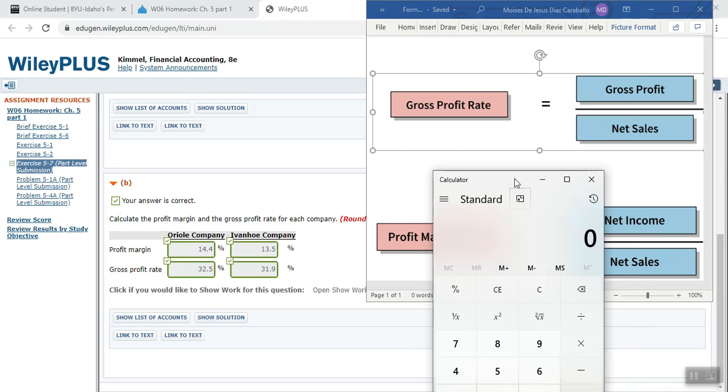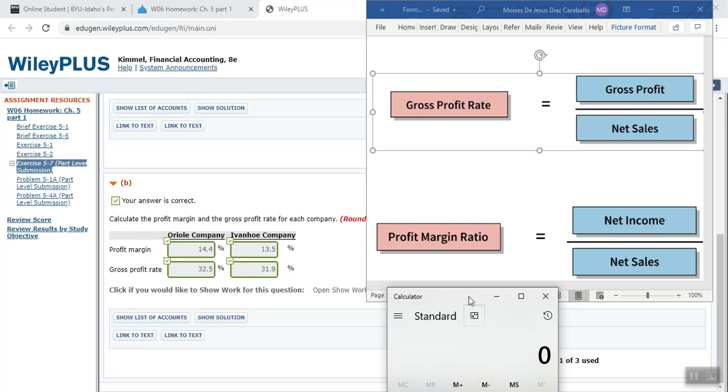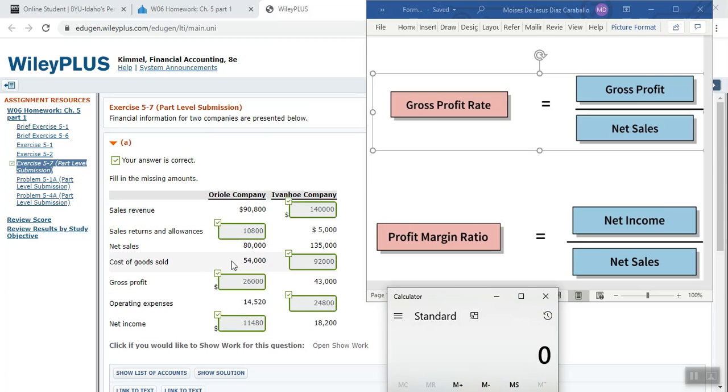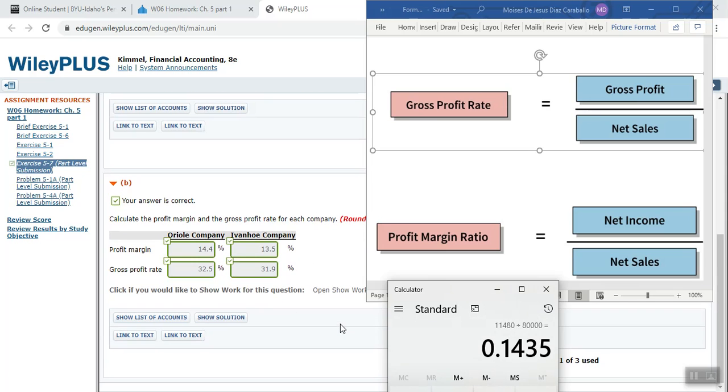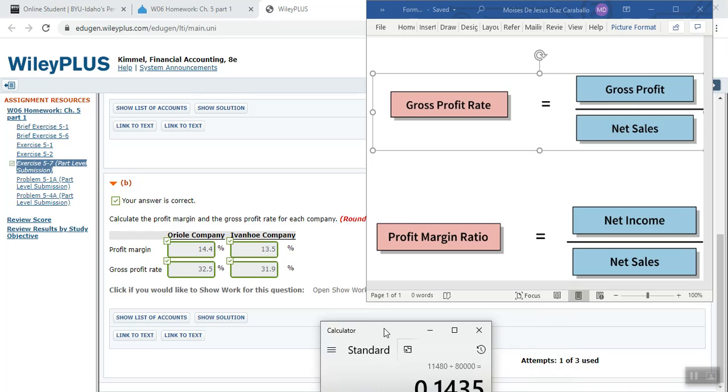Let's start with Oriole Company. For the profit margin, we have the net income, which is 11,480, over net sales, which is 80,000. That'll give you 14.35, and I put 14.4.